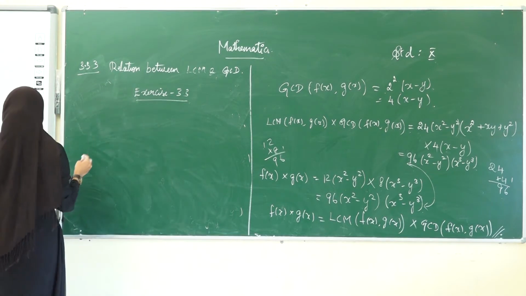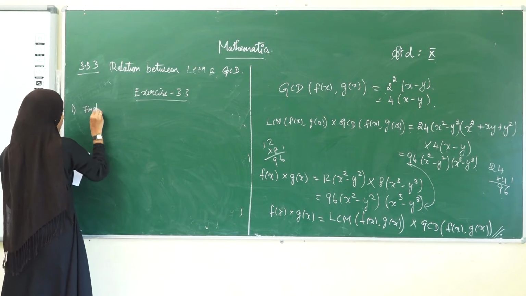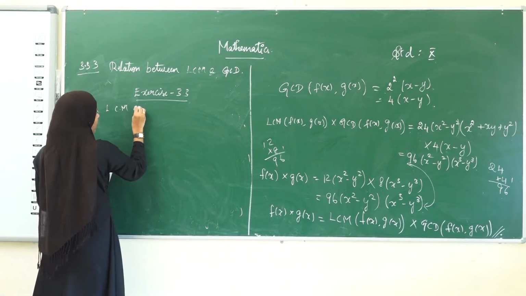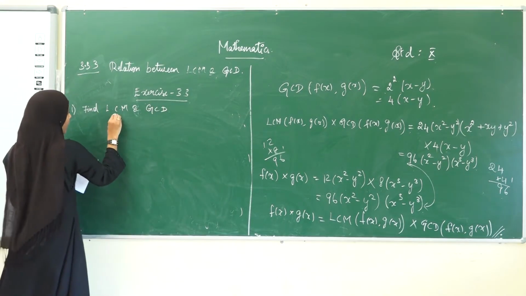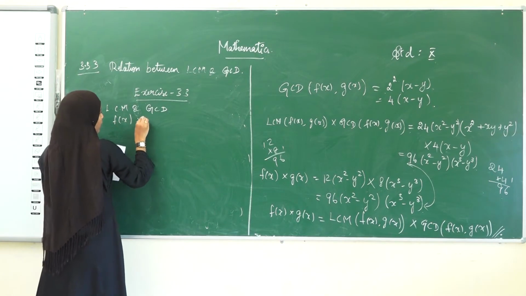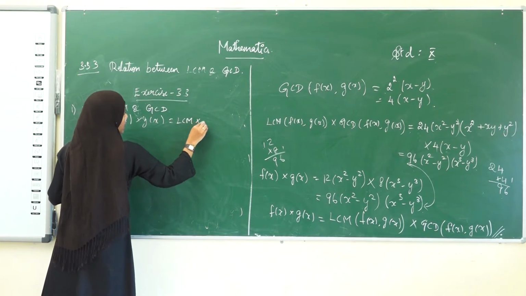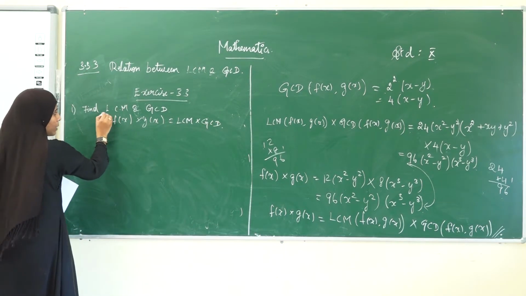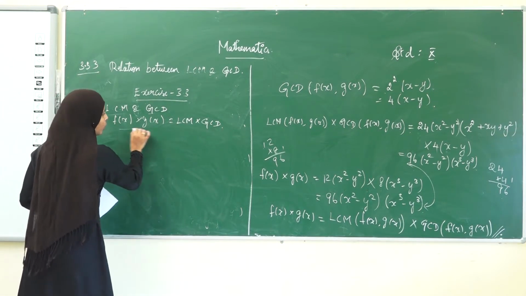In the first sum, what they have given is: find the LCM and GCD of the given polynomials, and we should also verify that f of x into g of x is equal to LCM into GCD. We have to find both LCM and GCD of the given polynomials, and we should also verify this formula.